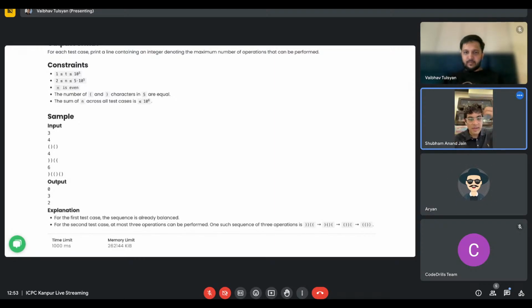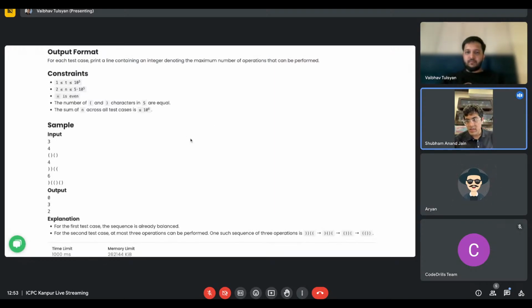A common way to think about balanced strings is prefixes, and you consider every opening bracket a plus one and every closing bracket a minus one. As you go summing along the prefix, if your sum ever goes negative, that means your string cannot be balanced. And if it stays non-negative and ends at zero, then it's balanced. I guess that's an easy characterization.